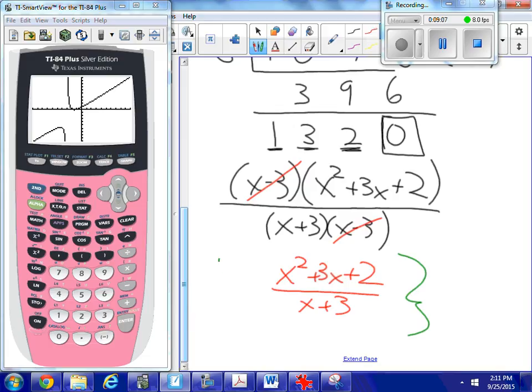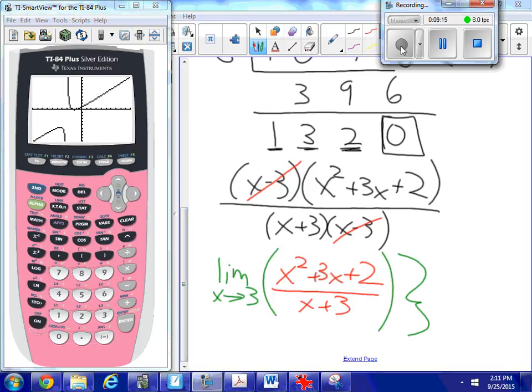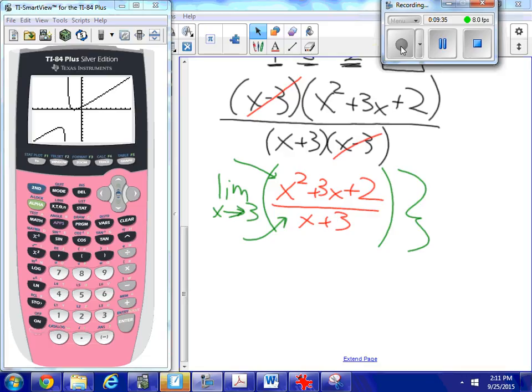Because I can take a limit as x approaches 3 of this function using substitution. Because I have a polynomial as a numerator, I have a polynomial as a denominator, and as x approaches 3, I'm not running into the problem of getting 0 in my denominator.